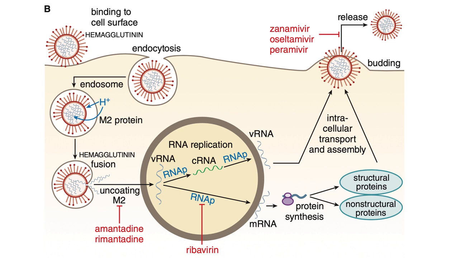That interaction with neuraminic acid is facilitated by the viral enzyme neuraminidase, and this is where our anti-flu medications, zanamivir, oseltamivir, and peramivir act via the inhibition of neuraminic acid lysis. So, if you recall years ago when there was the pandemic of the avian influenza, our mainstay drug is oseltamivir, and this is where it acts.